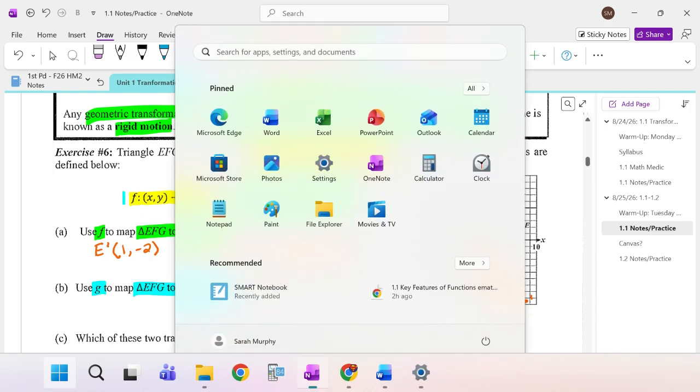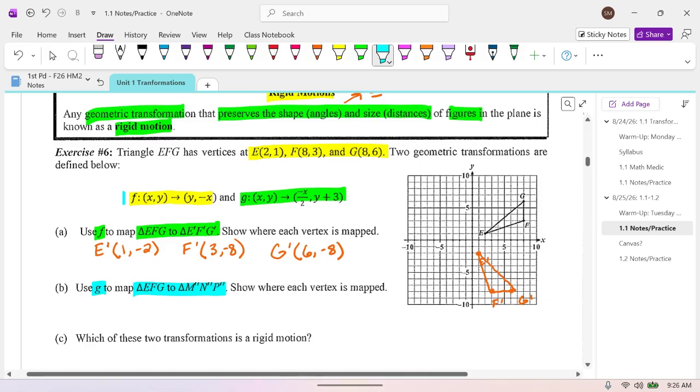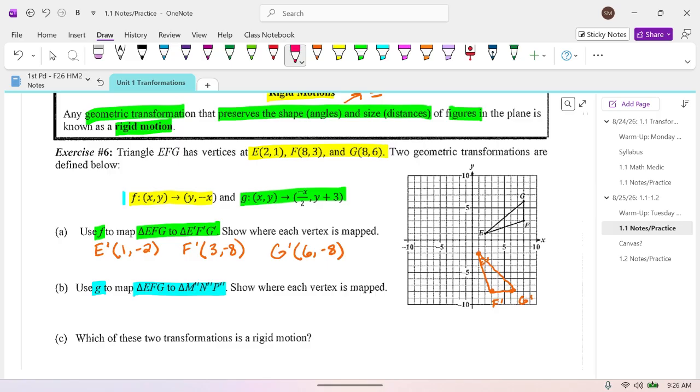All right. So now, which point is which? You go in the order. So if it says EFG, that means M double prime is E, N double prime is F, and P double prime is G. That's how you read triangle names. Those are the corresponding parts.